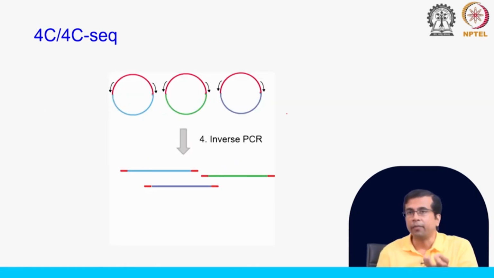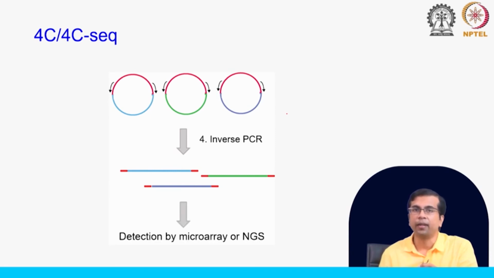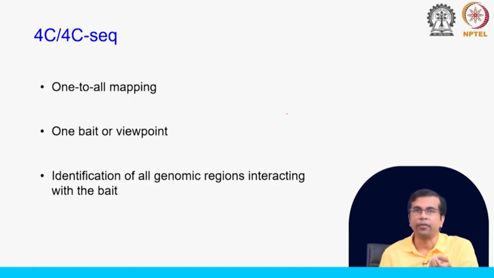Now, you can again imagine that this is happening for multiple interactions for the bait, and we get these different circular fragments, and we can again do the inverse PCR directly, right. And once we have done the inverse PCR, we can then detect by microarray, or we can apply NGS methods to actually identify these blue green regions. This will tell us which are the regions that are interacting with the red locus or red region.